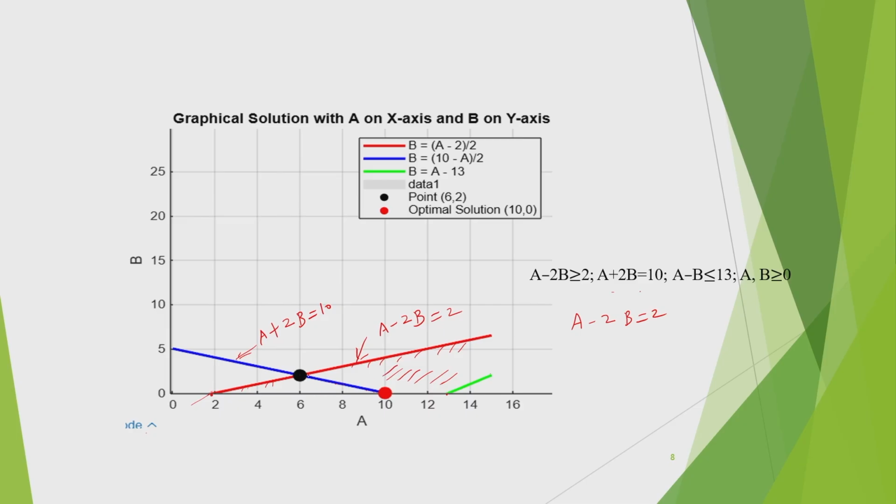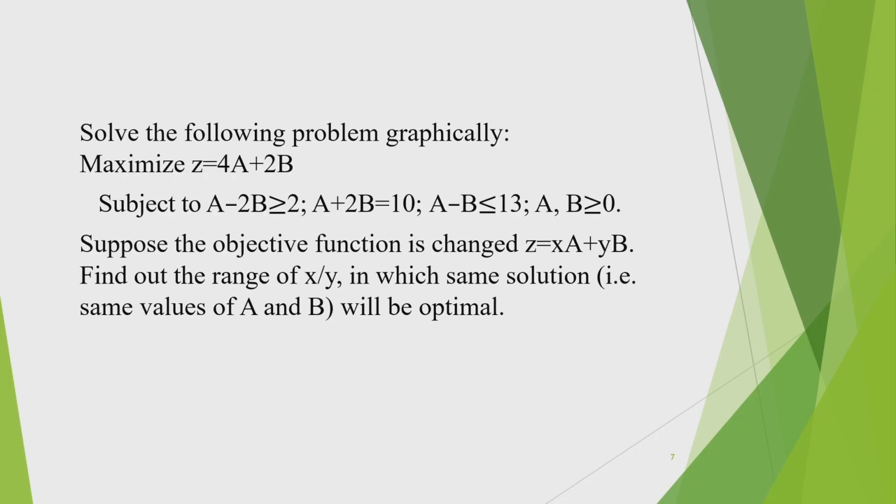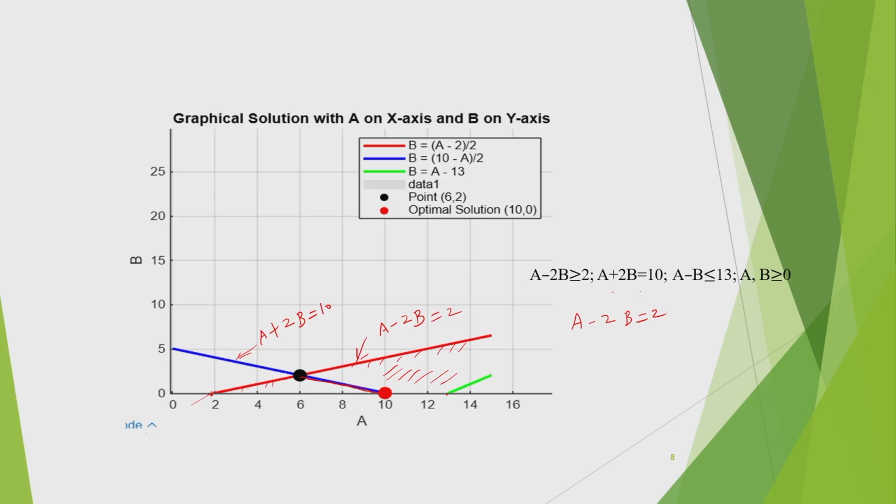Now your feasible zone is basically the common region, only this much. So you have got these things, and now you find the solution. The intersection of these two lines gives you 6 and 2. At that point your profit 4a plus 2b becomes 10.